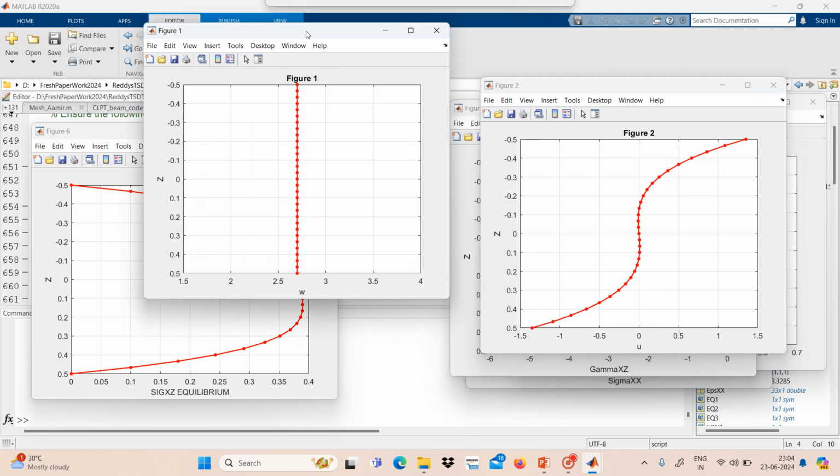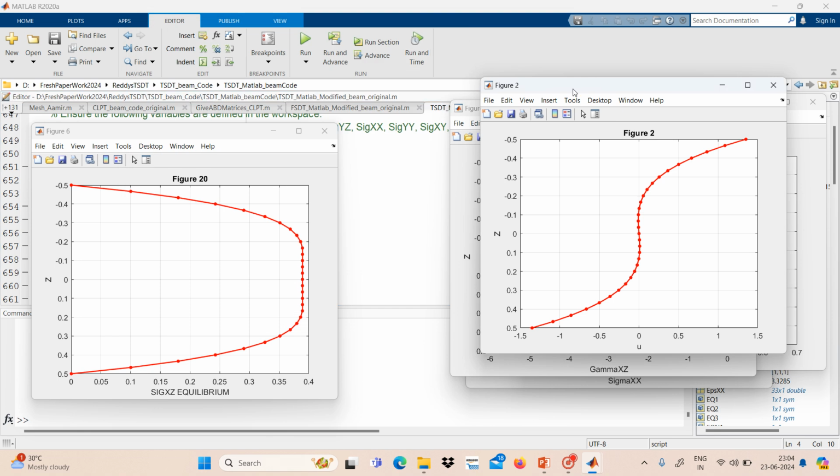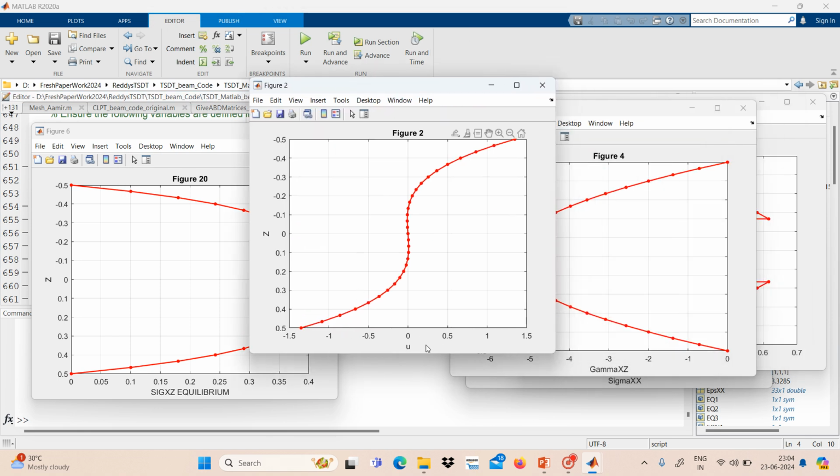First, we see the transverse displacement is constant throughout the thickness, because w(x,z) was nothing but w0(x). So throughout the thickness the transverse displacement was kept constant. Now we will see the in-plane displacements. We can see the in-plane displacement is no more linear, but cubic.